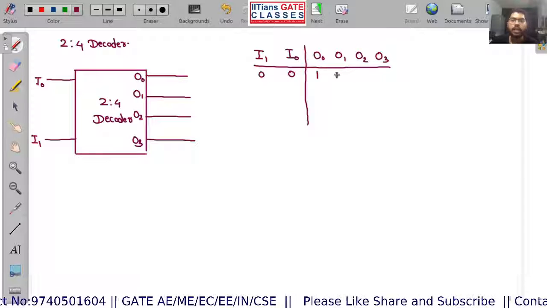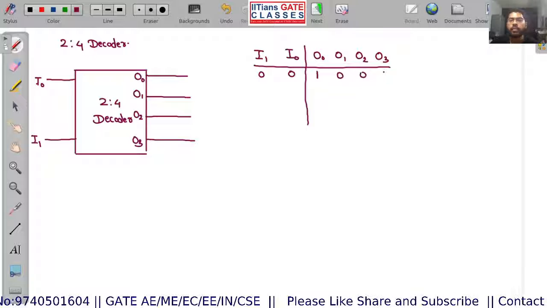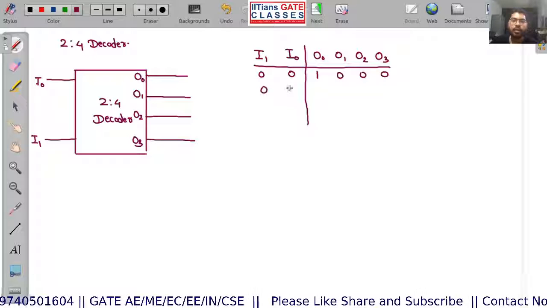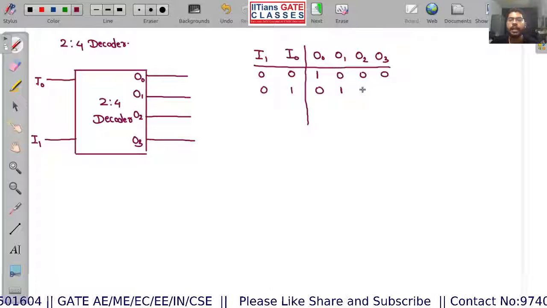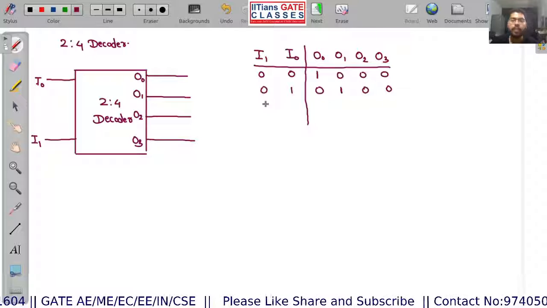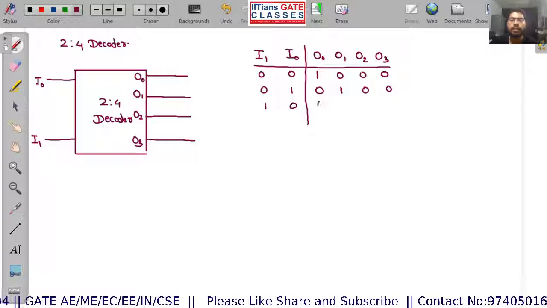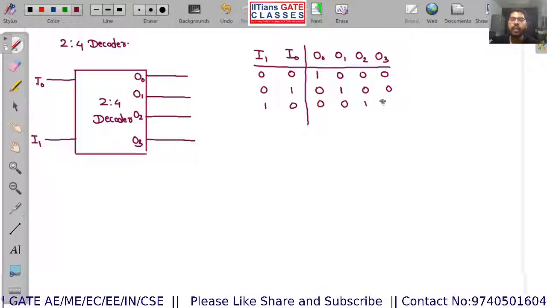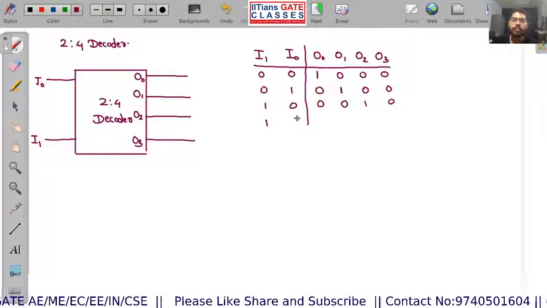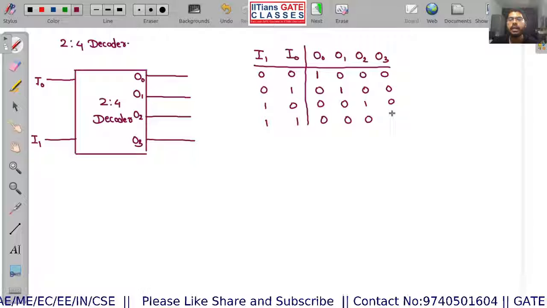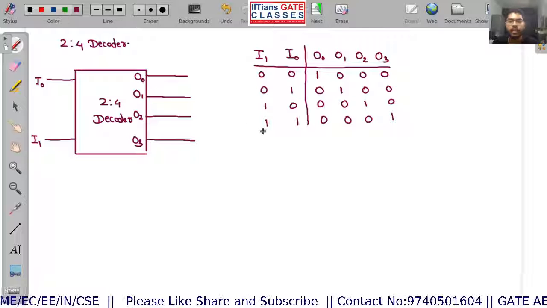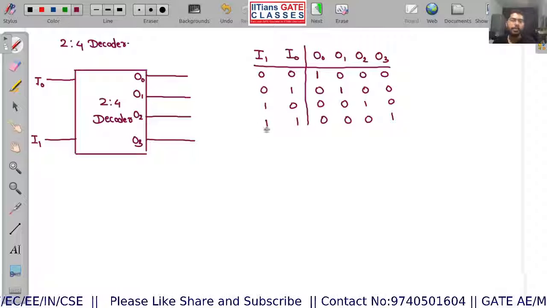Only the first line will get activated, and the rest will be inactive. If the combination is 0 1, the line O1 will be activated, and the rest inactive. Similarly for 1 0, the second line will be active, rest inactive. And if it is 1 1, then the third line will get activated, and the rest will be inactive.